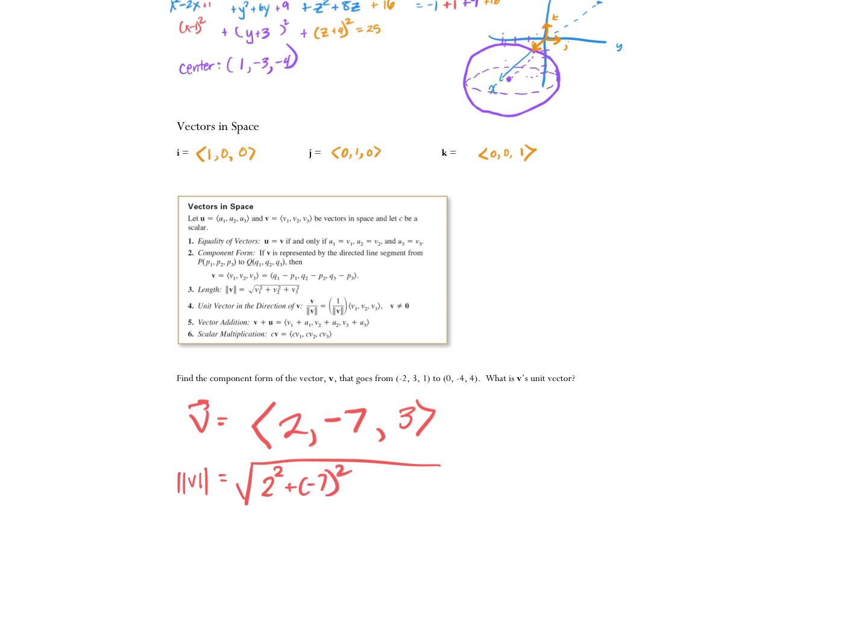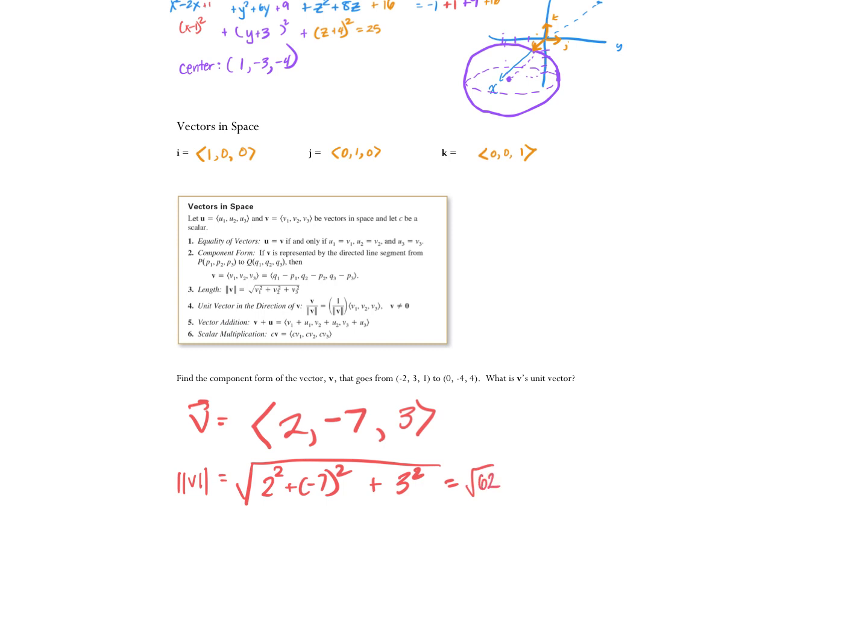That's what the last section showed us. And now with the third component, we have another square. Guys, I ended up with the square root of 62.